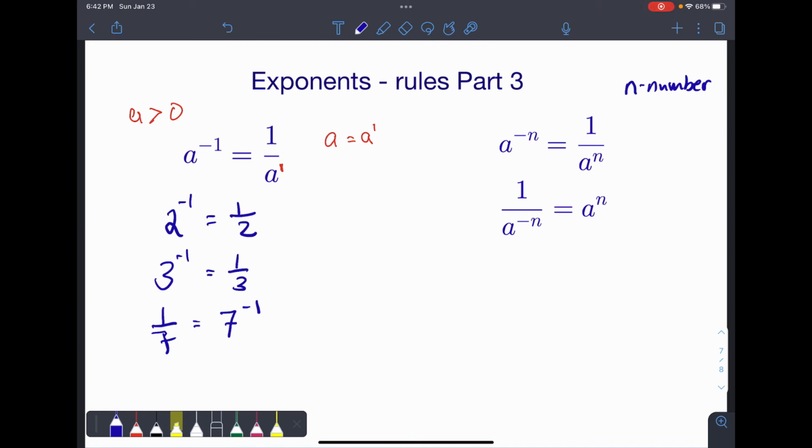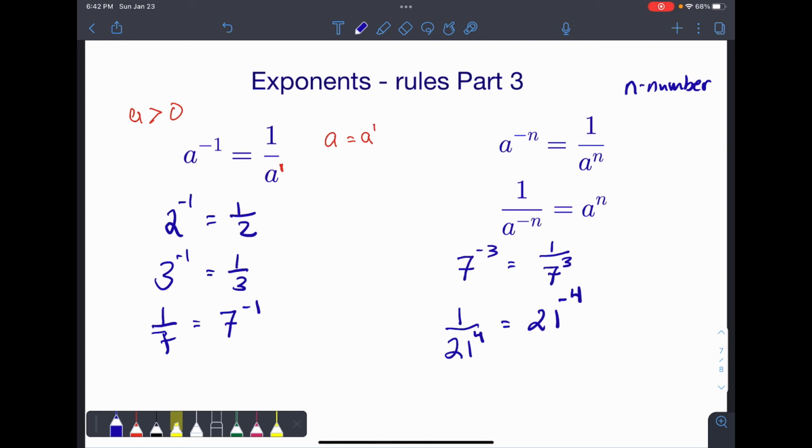So if we had 7 to the power of -3, we can write this as 1 over 7 to the power of 3. Or if we had 1 over 21 to the power of 4, we could write this as 21 to the power of -4.